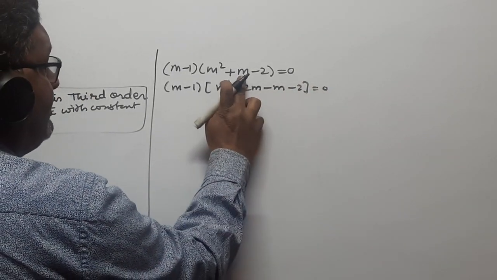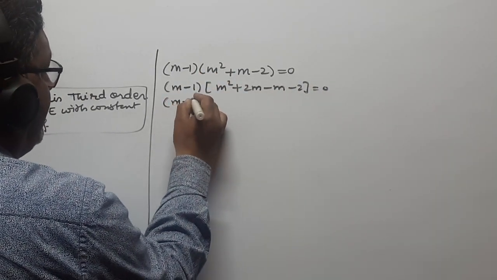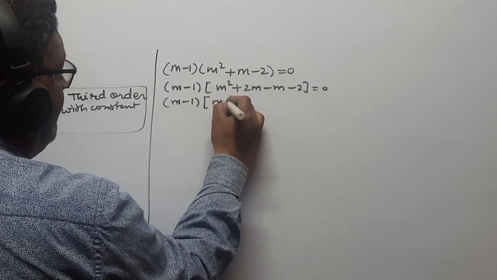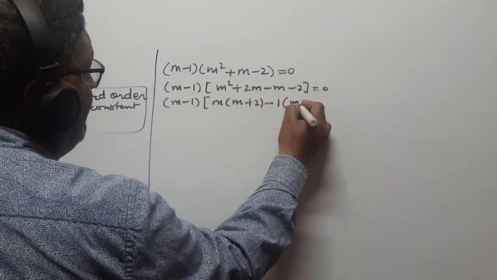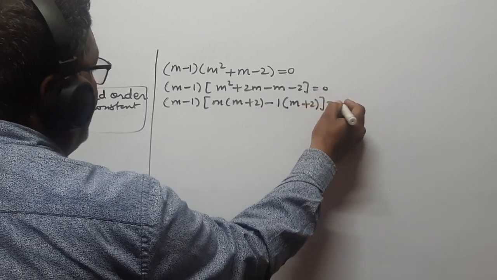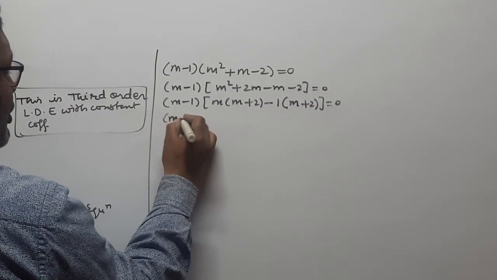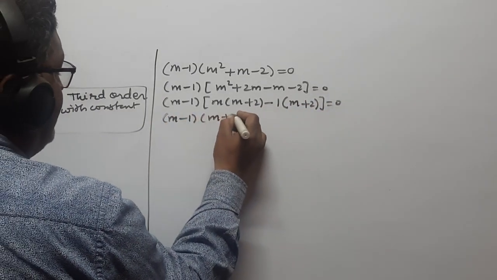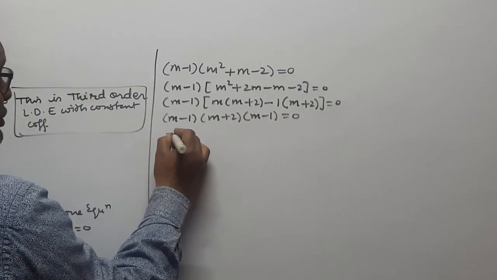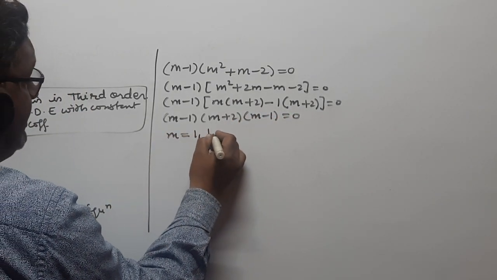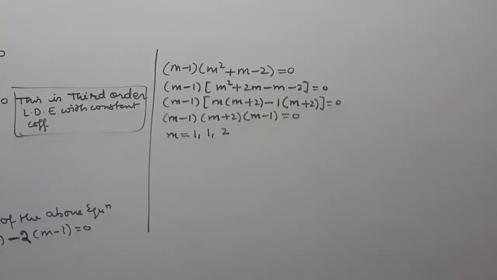Taking m common, we get m plus 2 in bracket, and taking minus 1 common, we get m plus 2. Now taking m plus 2 common, in the other bracket we get m minus 1. So the roots of the given differential equation are 1, 1, minus 2.